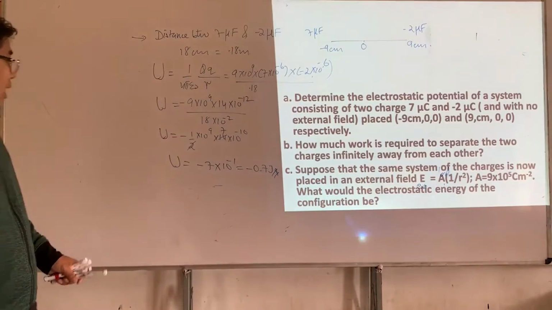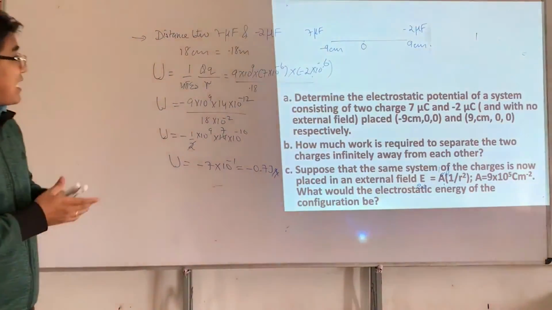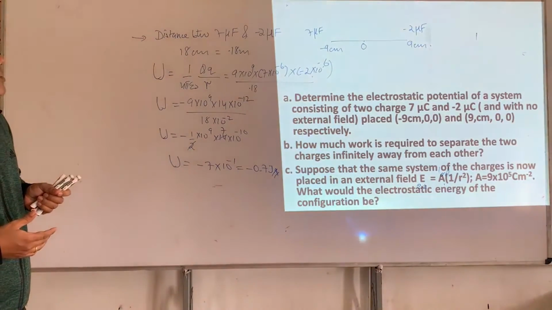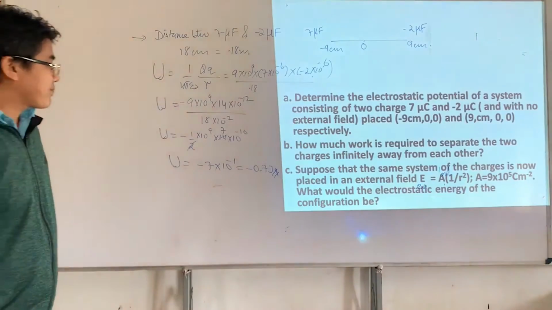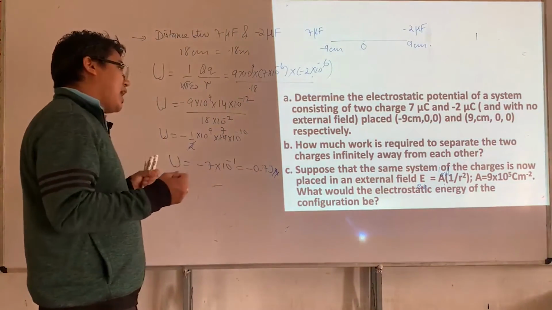This is the energy. Why negative? Because there is an attraction between the 7 microcoulomb and the minus 2 microcoulomb charges. Now how much work is required to separate the two charges away from each other?